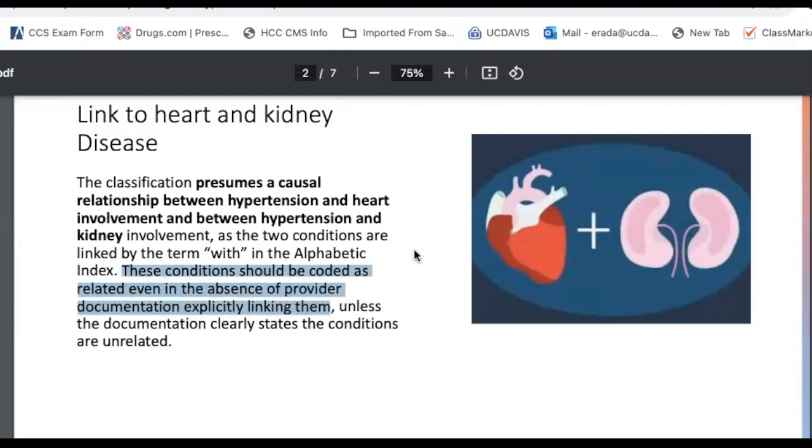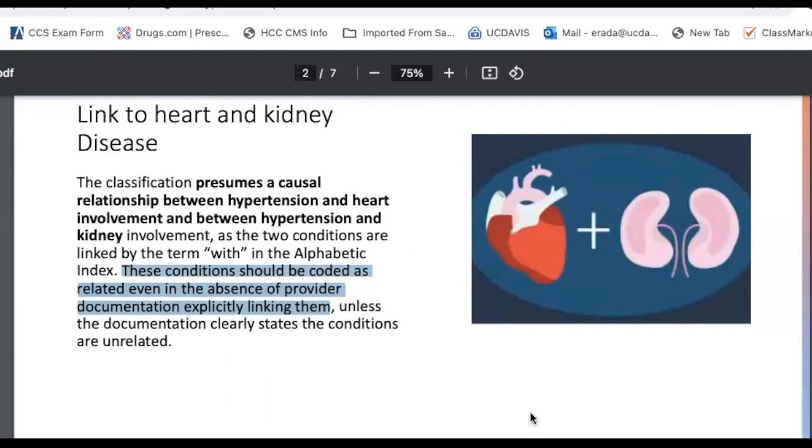It means that every time you see a patient's chart and hypertension is documented, and in the other part of the patient's chart you also see heart disease or kidney disease, the guidelines are telling us that you should connect these two together because they are directly related or directly associated with each other.